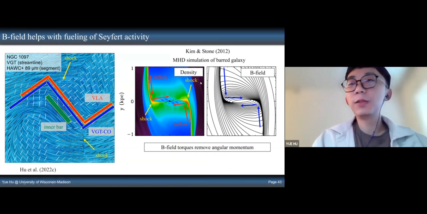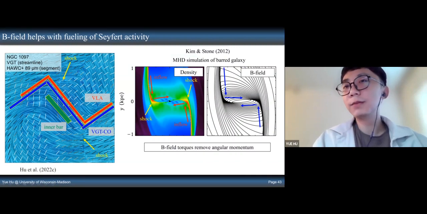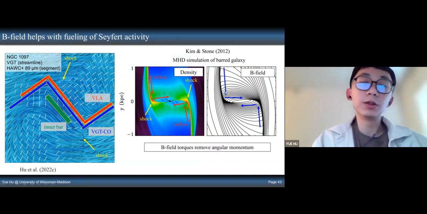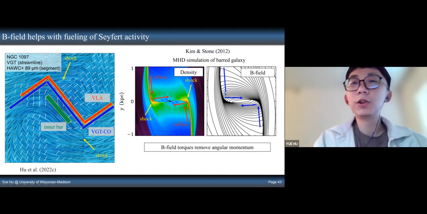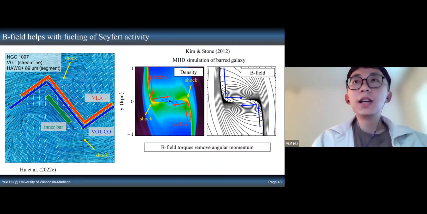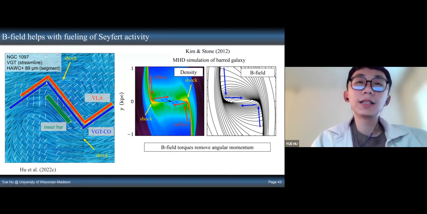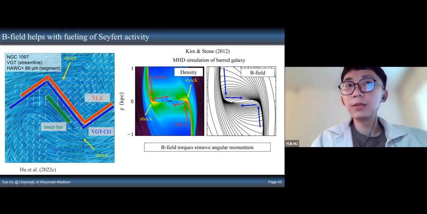If you remember the numerical simulation, what we need is a change of magnetic direction by 90 degrees, or a significant change, to provide sufficiently strong positive angular momentum. And such a change of magnetic field is apparently observed in this galaxy in the velocity gradient measurement.